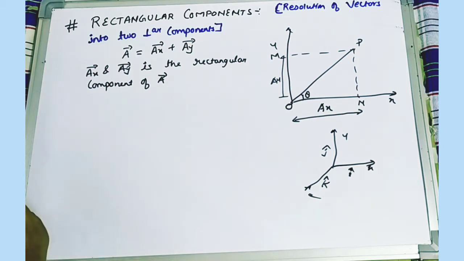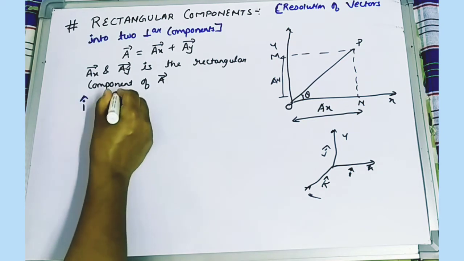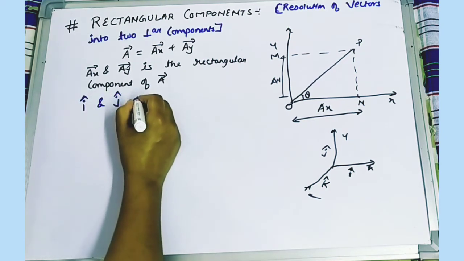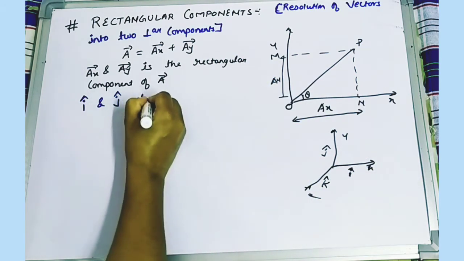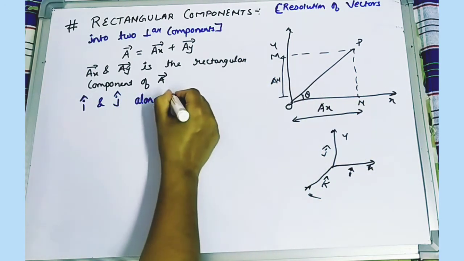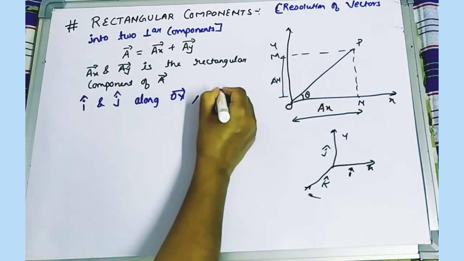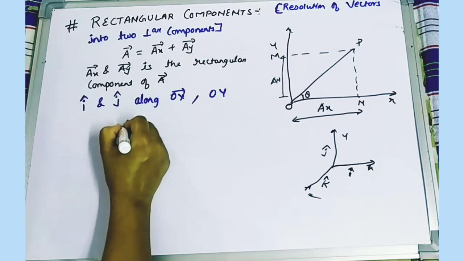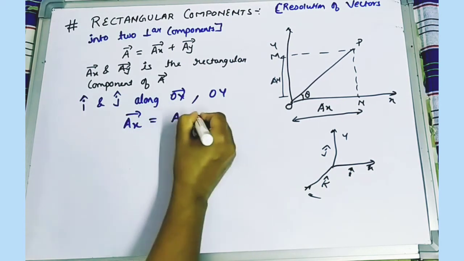So I know that i cap and j cap are the unit vectors along OX and OY. So I can write AX vector is equal to AX into i cap.